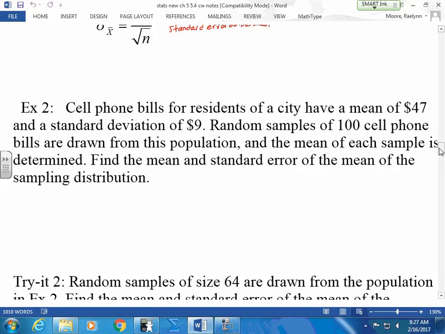And you know your Z-score formulas? We're going to use the same formulas from here on in. So let's see what causes this change to happen. Cell phone bills for residents of a city have a mean of $47 and a standard deviation of $9. This is from your population. How do I know this is a statement about my population?